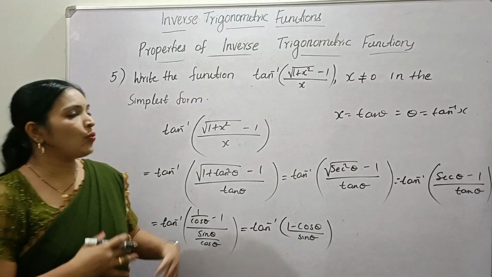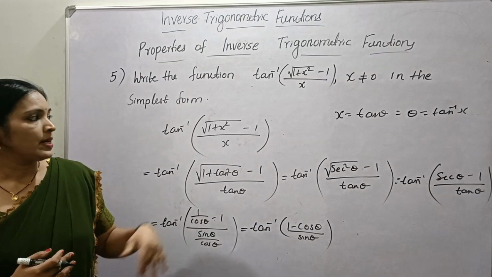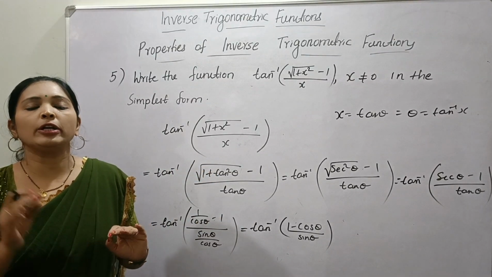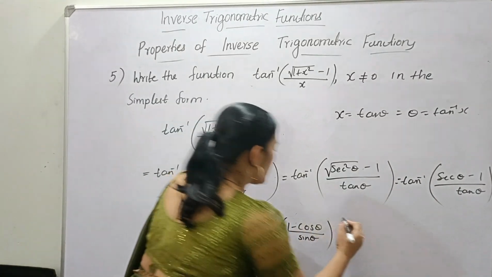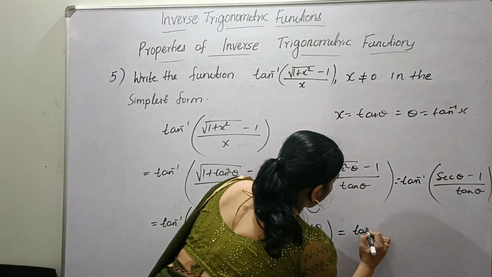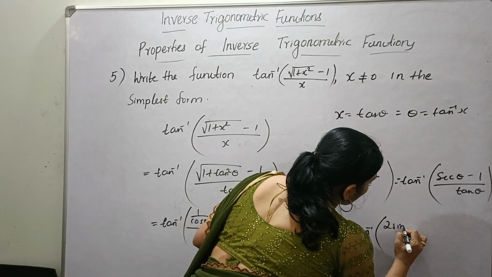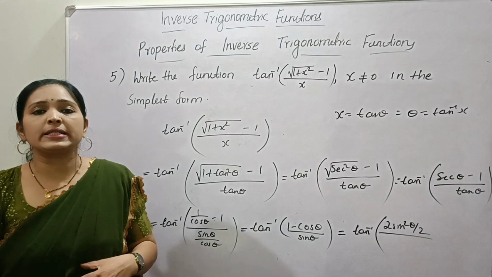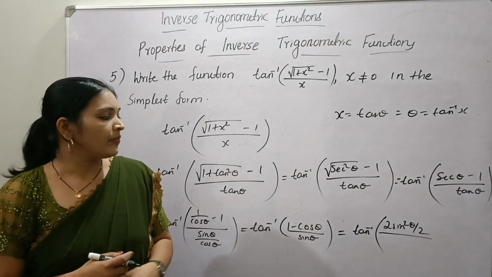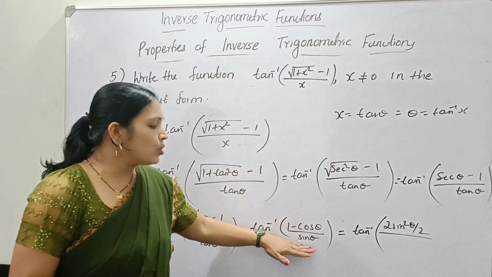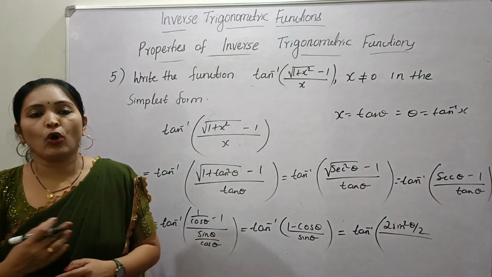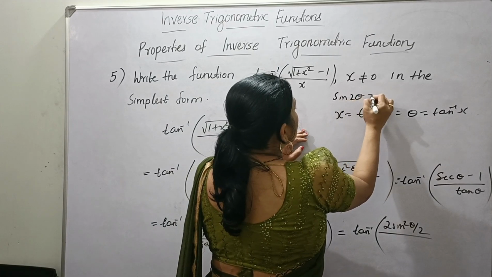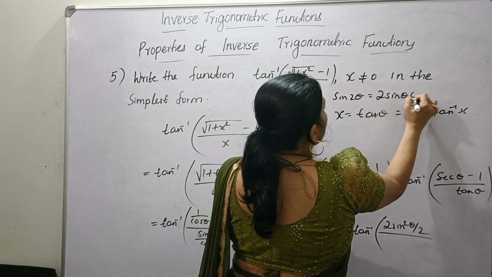See, next, what is 1 minus cos theta? In the previous problems we have already applied this. 1 minus cos theta is nothing but 2 sin square theta by 2, right? Tan inverse of 2 sin square theta by 2 divided by, see, if we write sin theta itself, it will not be cancelled and we will not get the answer. So here also let us apply the identity. We know that sin 2 theta is equal to 2 sin theta cos theta.